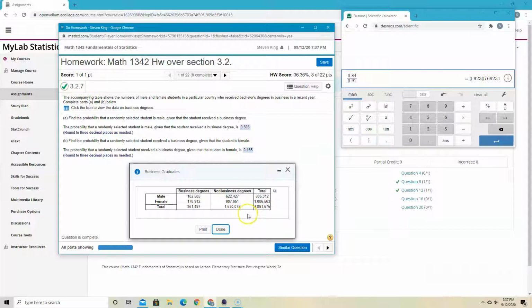So if they ask us, out of all students altogether that graduated with a bachelor's degree that year, that would be this number here. If they said out of all the males, then it would be this 805,012. If they said out of all the females, it would be 1,086,563. If they said out of all the students who had a business degree, then it would be the 361,497, and so forth.